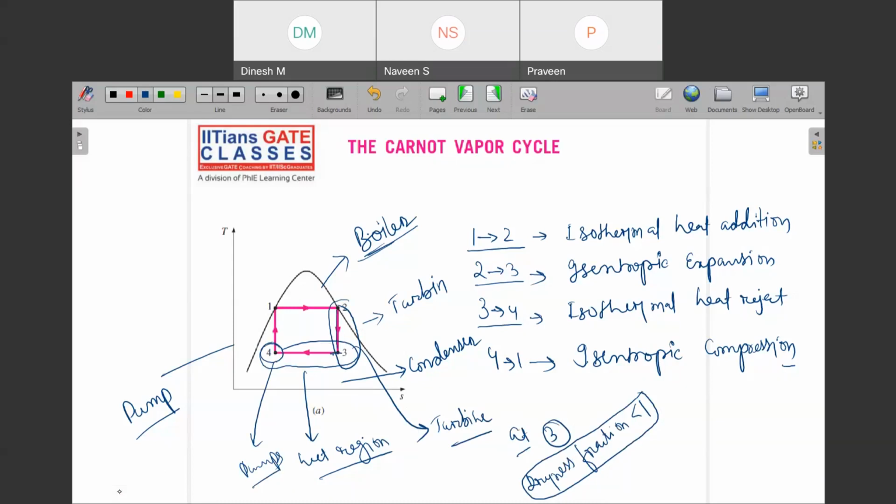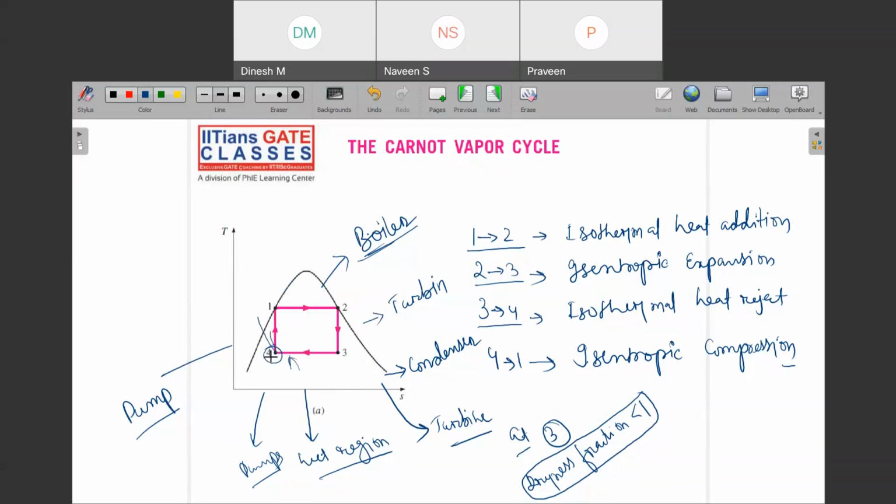Why? Because there is a lot of difficulty associated with the Carnot vapor cycles. And what is that? You have limited device control over which can work in which region. Like you will not be able to find those pumps which can work in wet regions. Why? Because here you are pumping this fluid from point 4 to point 1.